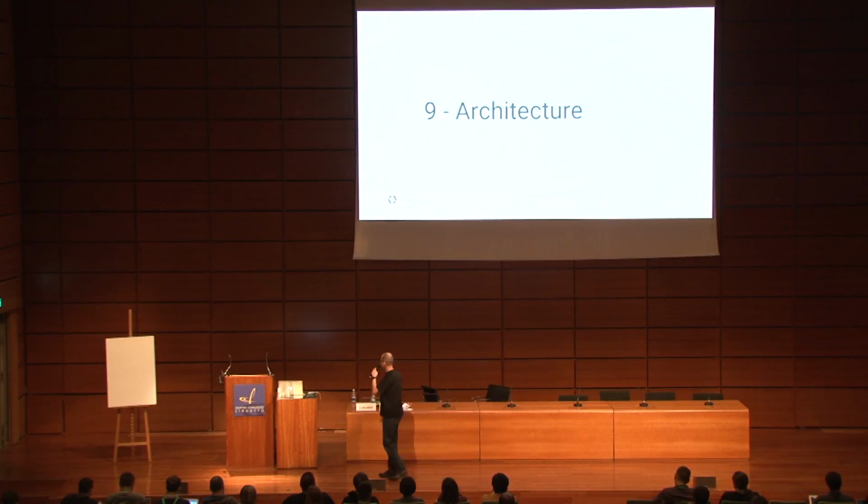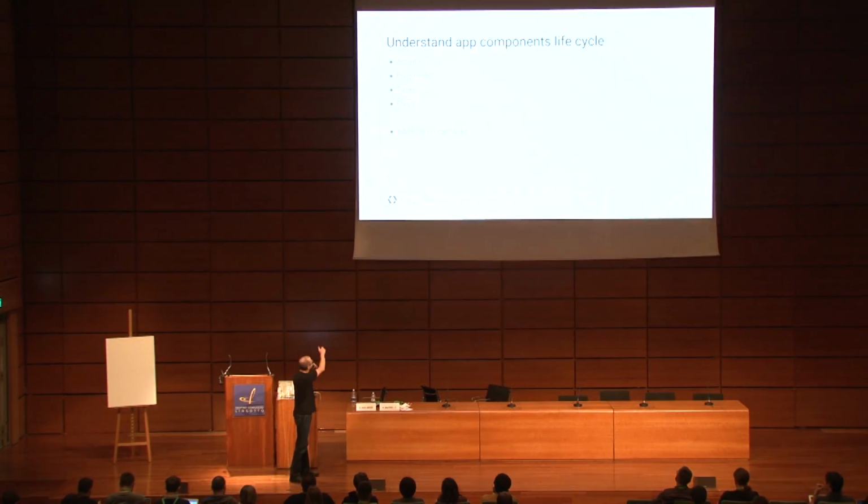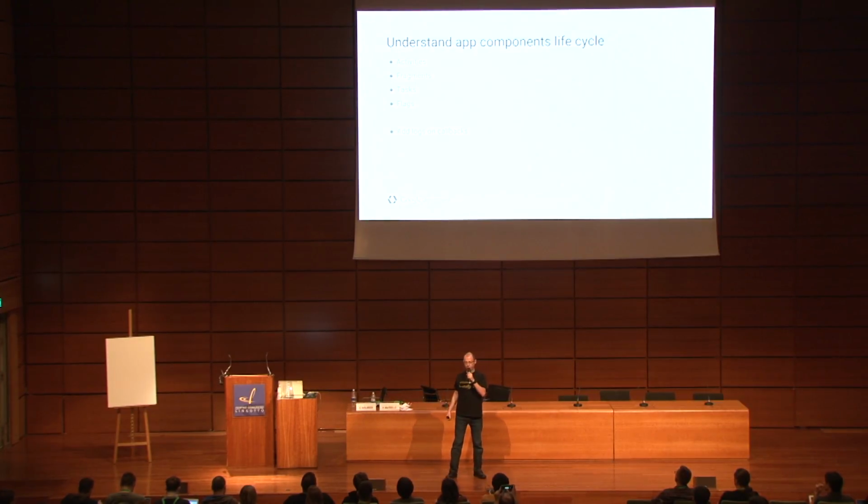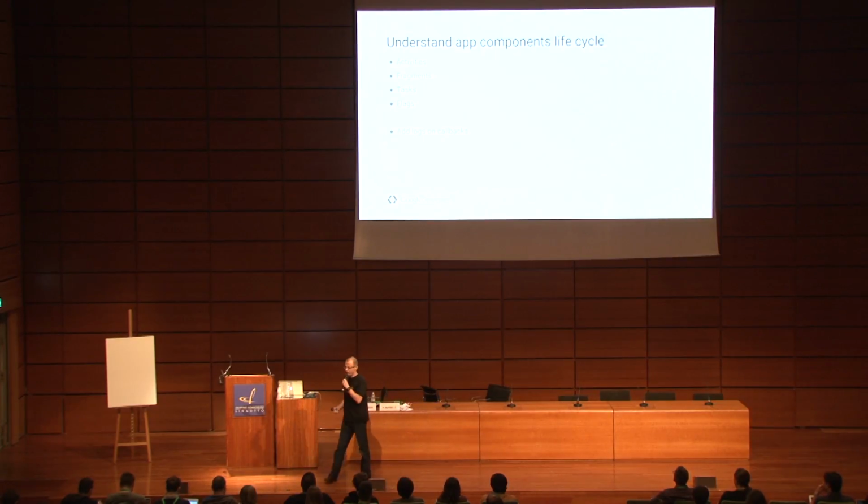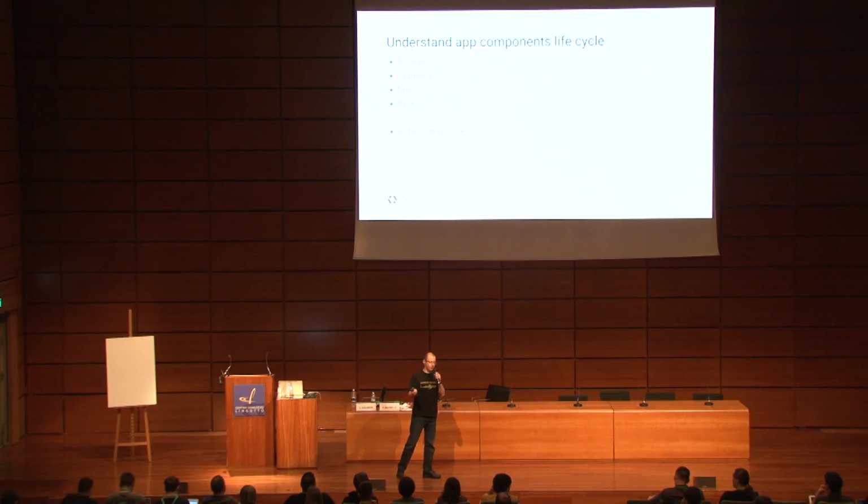And we are at item number 9, architecture. We all love to think about architecture, don't we? Talking to developers, one of the most common reasons for bugs in their app is misunderstanding the framework APIs, stuff around activity lifecycle, fragment lifecycle, and how they live with activities, tasks, flags, activity start on top, activity single mode.